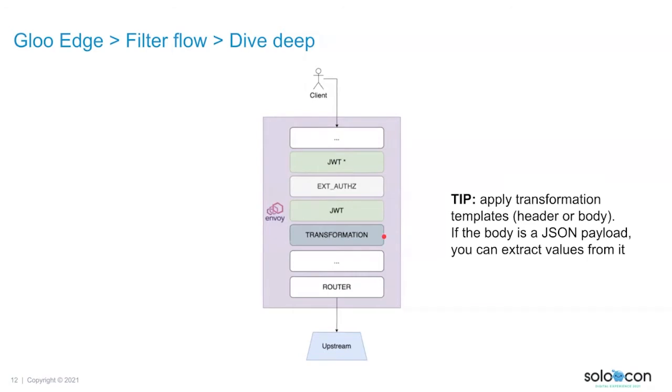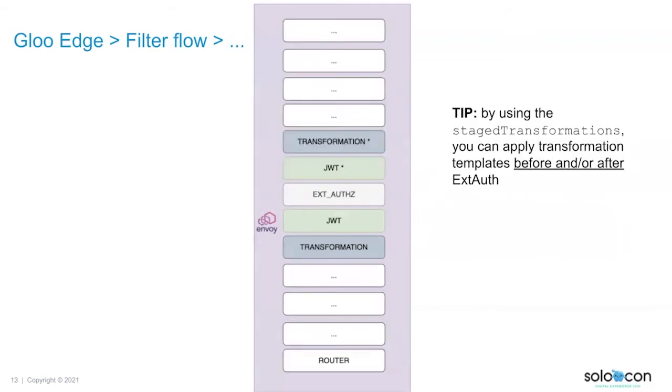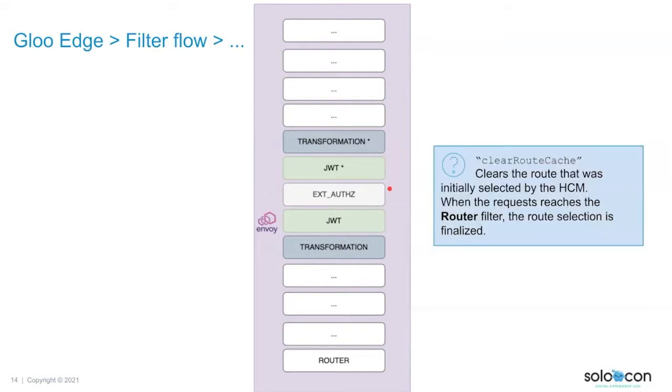Now the transformation filter. So you can apply transformation templates on the headers or on the body. If the body is a JSON payload, you can extract values from it. You can also apply this transformation filter right before the ExtAuth filter. And with those three filters, transformation, JWT, and ExtAuth filter, you can enable the option called Clear Route Cache. What is it?